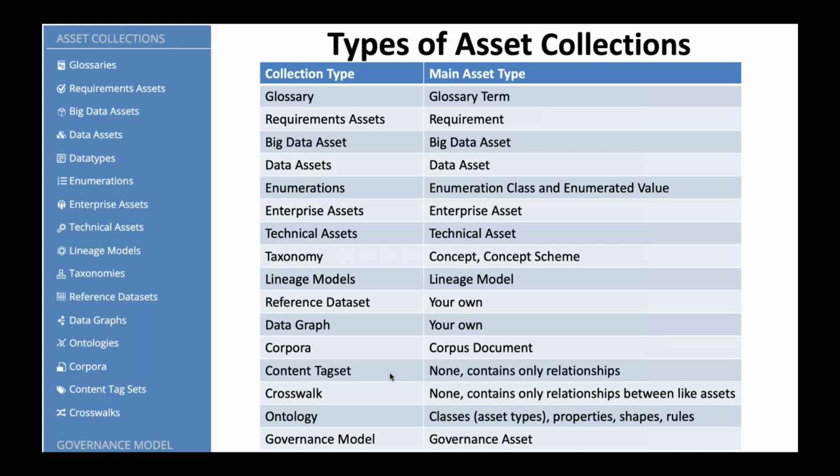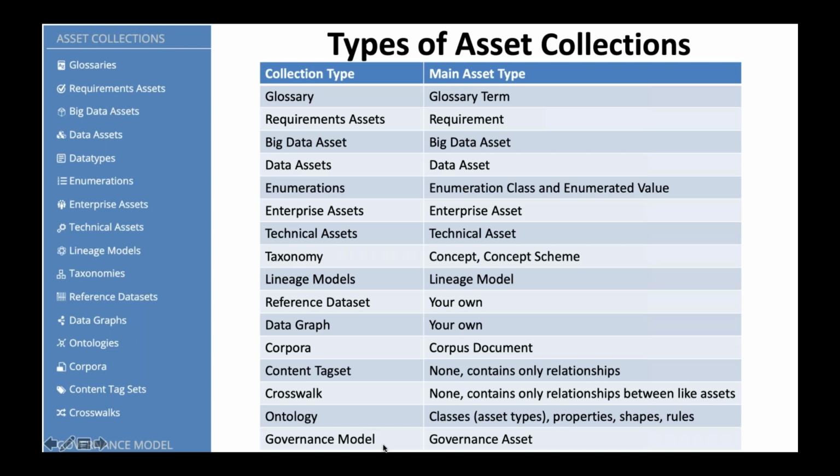So you would have a crosswalk between two different taxonomies or between two different reference data sets or glossaries, establishing some equivalence between information in them. And content tag sets are typically used to connect documents with terms from controlled vocabularies that classify them.